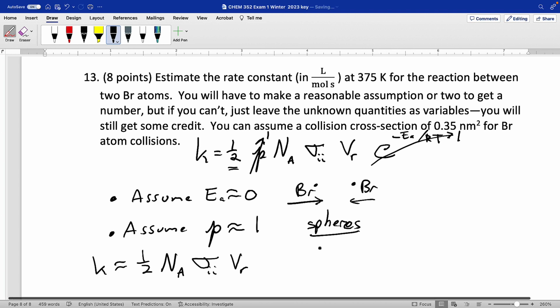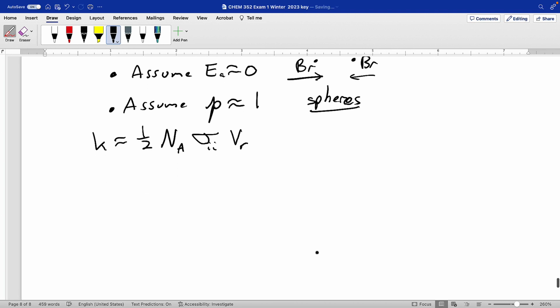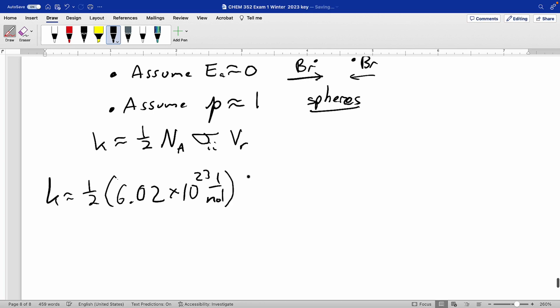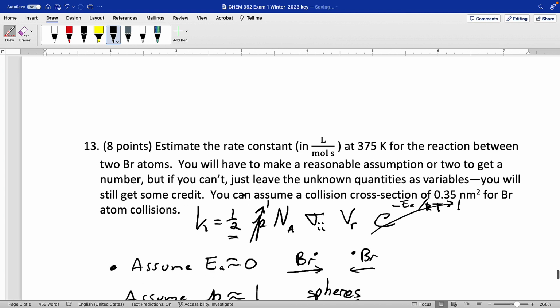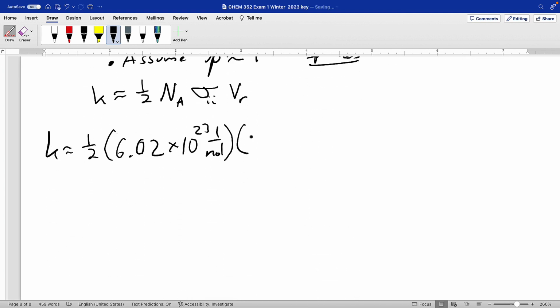So let's go ahead and plug in those numbers. So we've got Avogadro's number, 6.02 times 10 to the 23rd per mole. We've got our collision cross-section, and we're going to use 0.35, so 0.35 times 10 to the negative 18 meters squared.